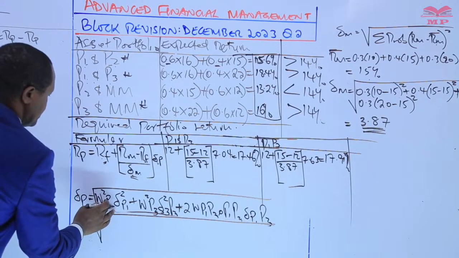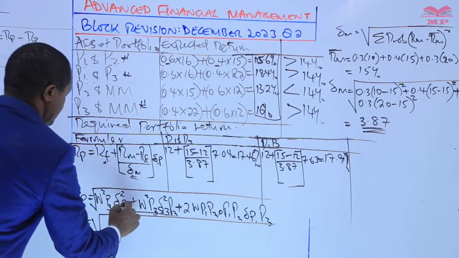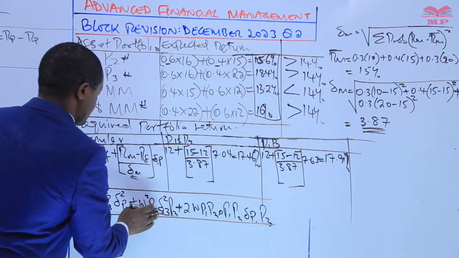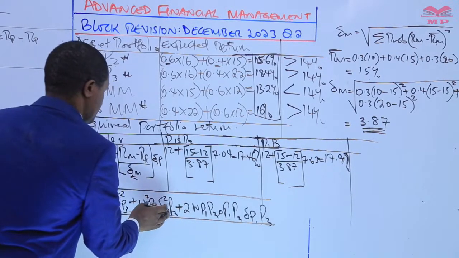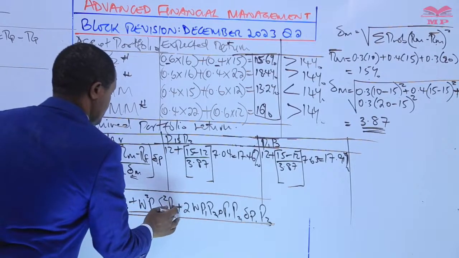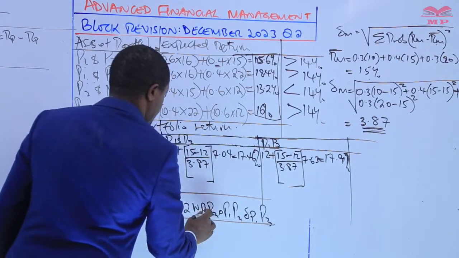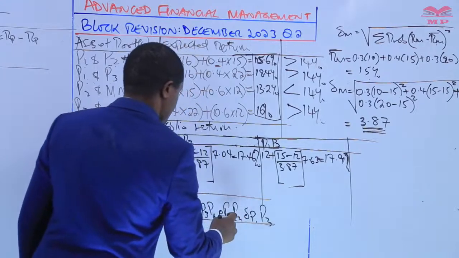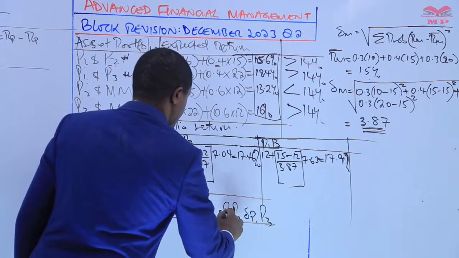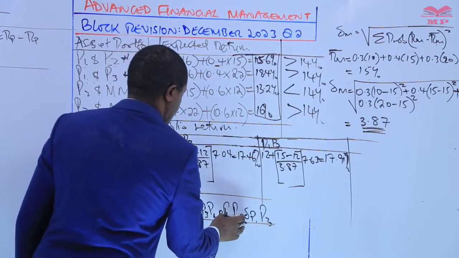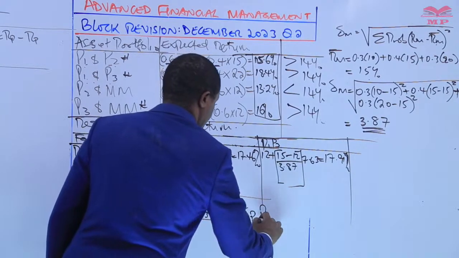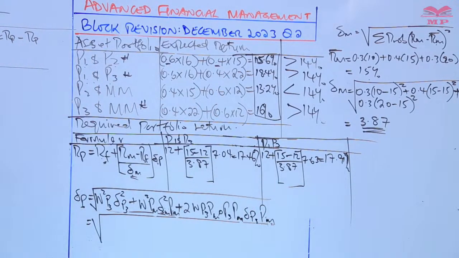This is P3, this is M. The correlation coefficient of P3 and M, the standard deviations of P3 and M. That is what changes, but the formula basically remains the same for the standard deviation.